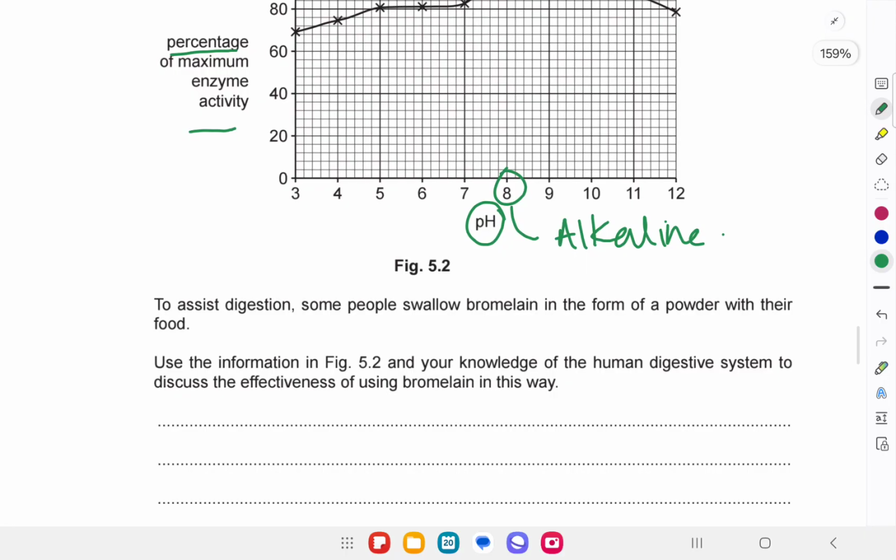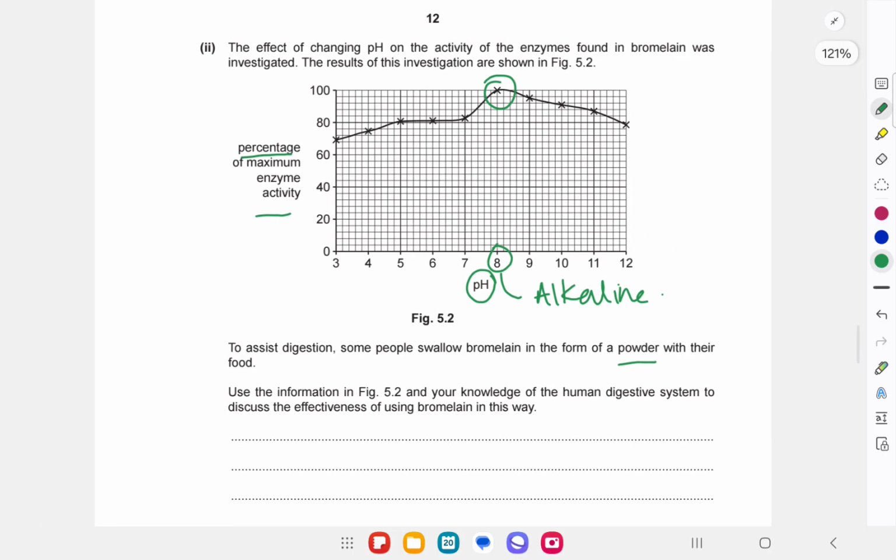So to assist digestion, some people swallow bromelain in the form of powder with their food. Use the information in figure 5.2 and your knowledge of the human digestive system to discuss the effectiveness of using bromelain in this way.